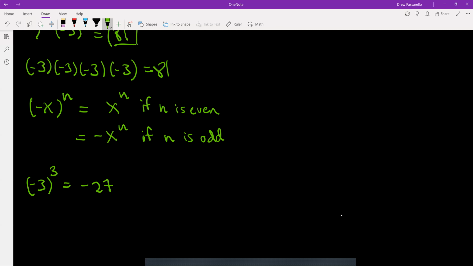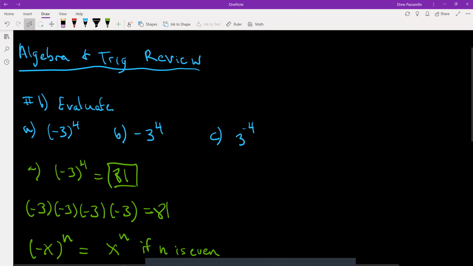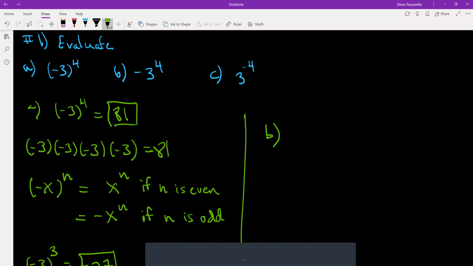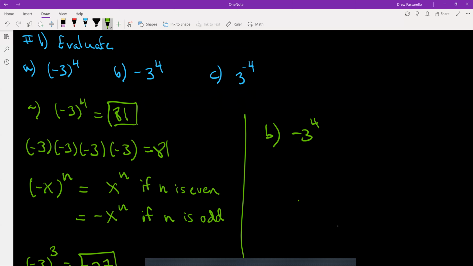All right, now back to the problem. So part A, answer is 81. Now part B. So I have -3 to the 4th power and notice there's a minus sign, but there's no parentheses. When this is the case, this turns out to be actually -81. So you keep the negative if there's no parentheses.